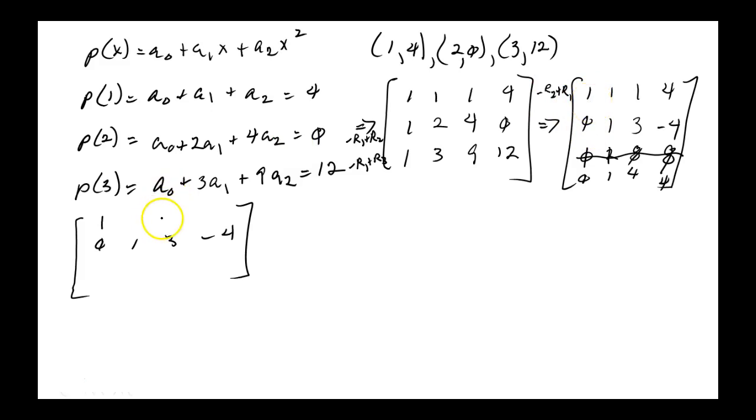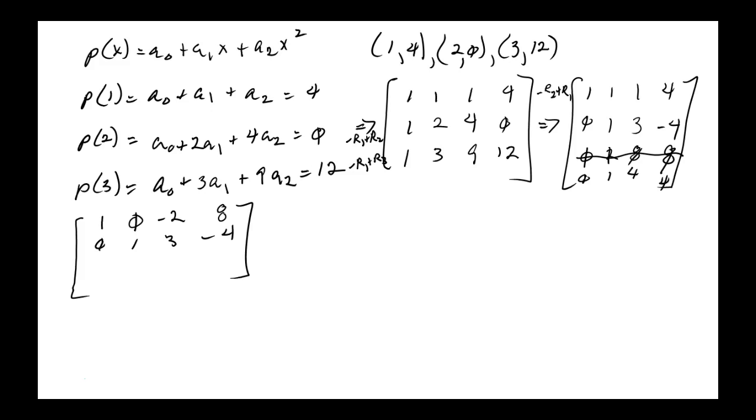Okay? 1, 0, negative 2, 8. Negative row 2 plus row 1. Okay? Got it or not? Got it?